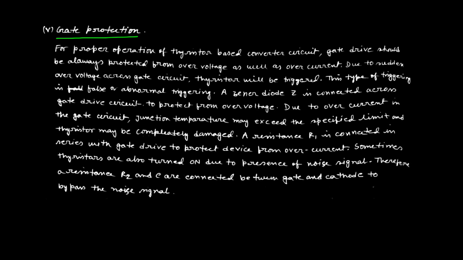Noise signal means, we know that in a gate driver circuit, normally three types of signal can be given. One is a DC signal, another is an AC signal for industry application, or some kind of pulse should be given across the gate to turn on the switch.